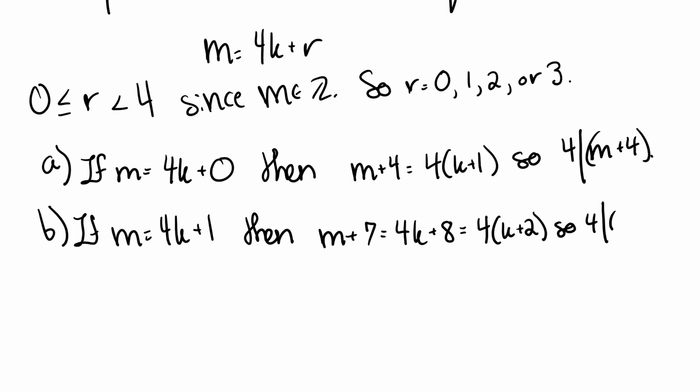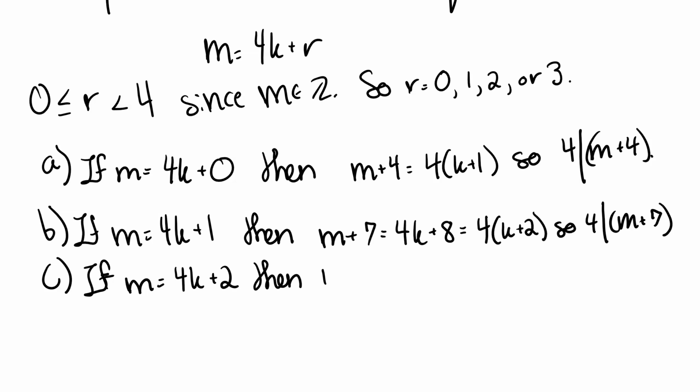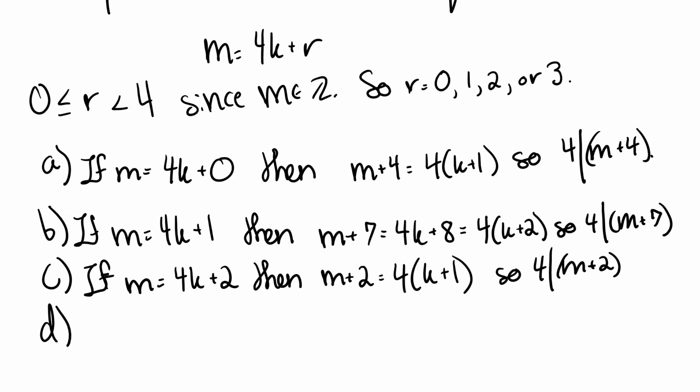So 4 divides m plus 7. C. If m equals 4k plus 2, I think I'm going to use the plus 2 one. So 4 divides m plus 2.